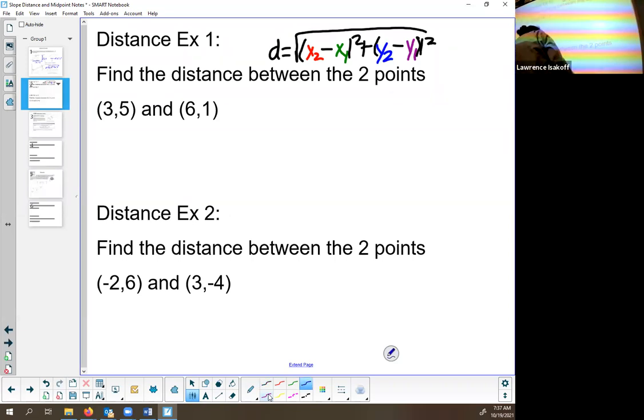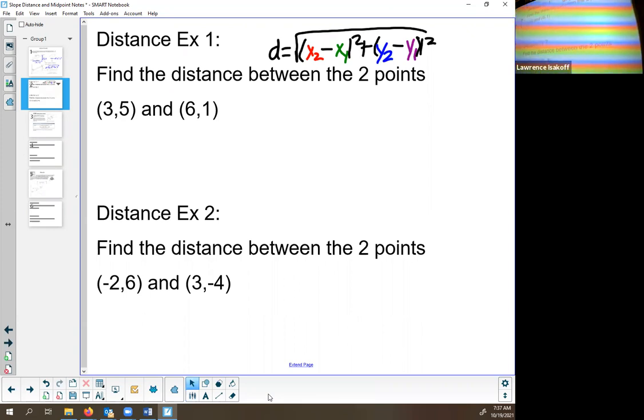So what I'm going to do is start by labeling my points. This is X1, this is Y1, this is X2, this is Y2.